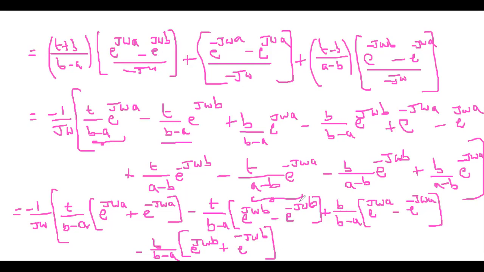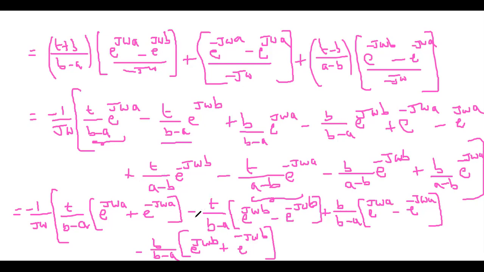And here minus already there, minus T by B minus A e power j omega B and T by A minus B, B minus A. So the minus is there.